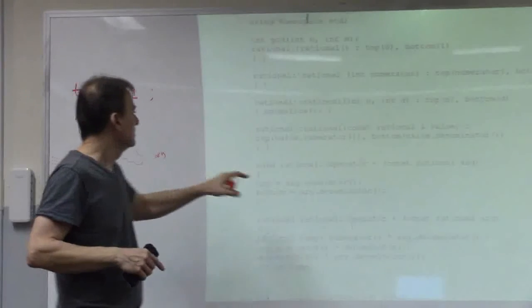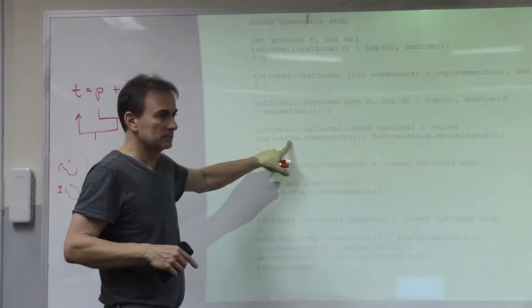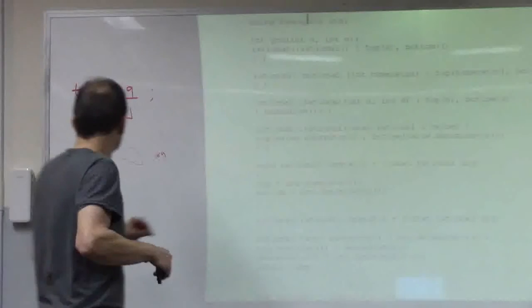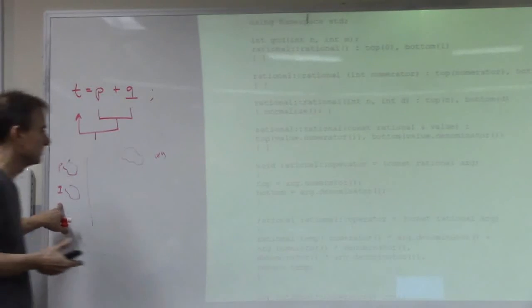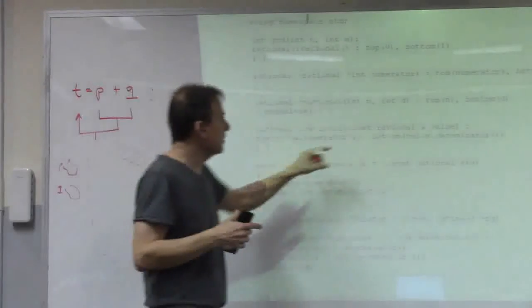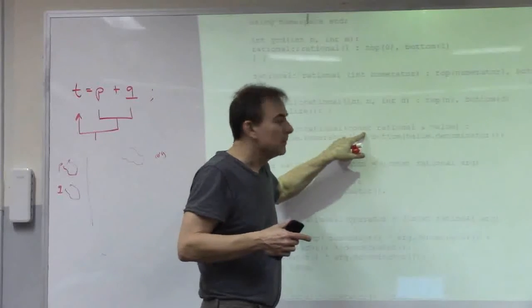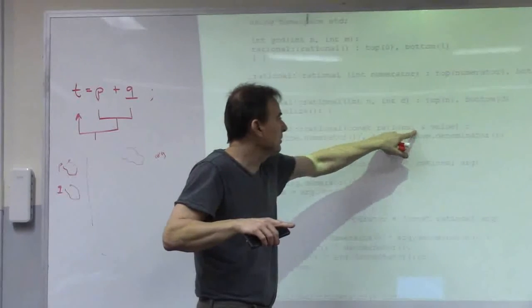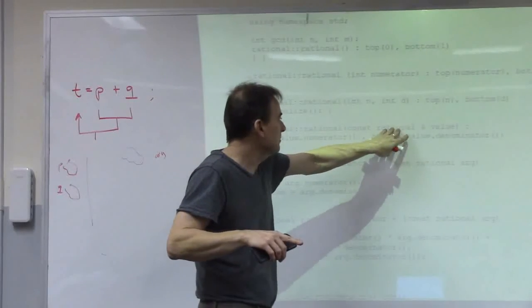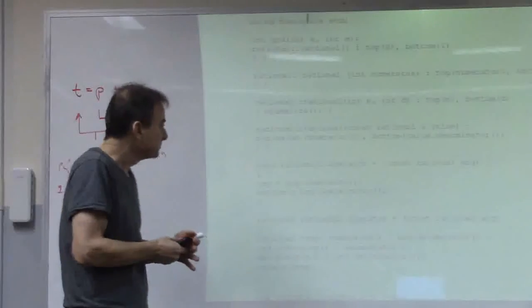What is value? That's Q. Q is being passed by value, so Q is the parameter. We're taking the parameter fast, but we're protecting it with const so that we don't change it. That's why it's a constant reference. You have to take the same type as the class by constant reference, and that's the copy constructor.